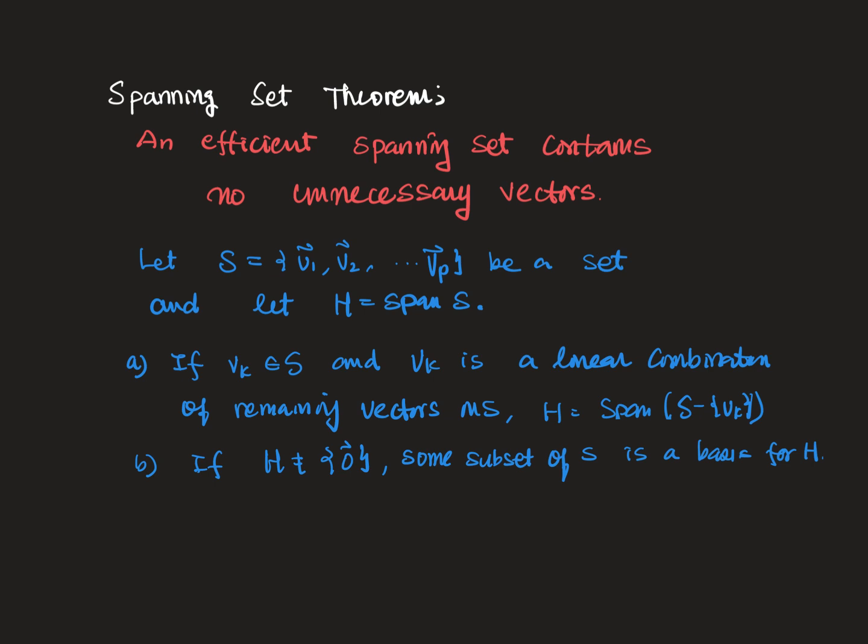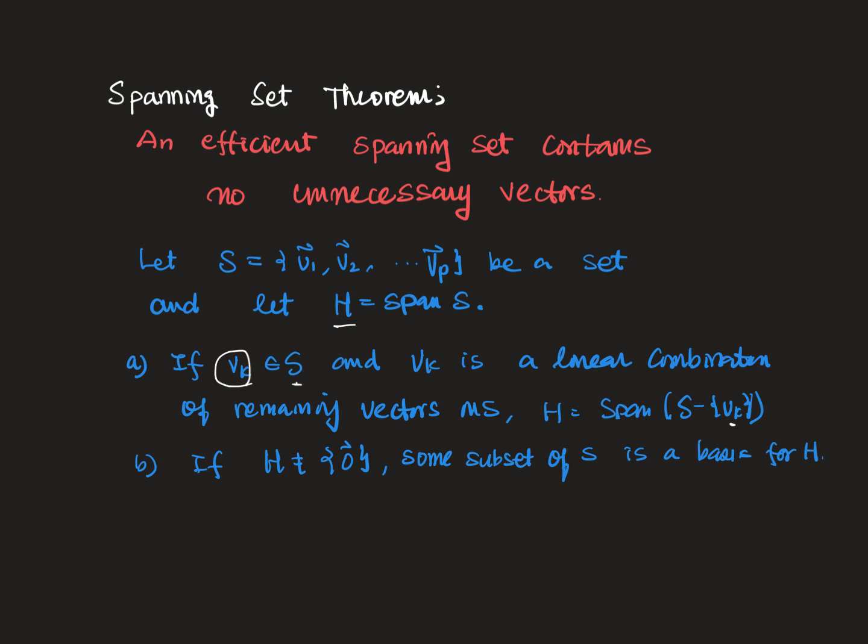So S is a set of vectors, and this set spans H. If one element of S, Vk, is a linear combination of the remaining vectors, then we can remove Vk, and the span of the remaining set is still H. That's the spanning set theorem.